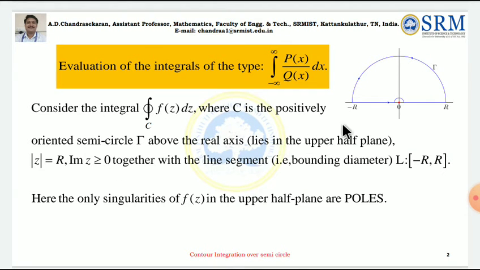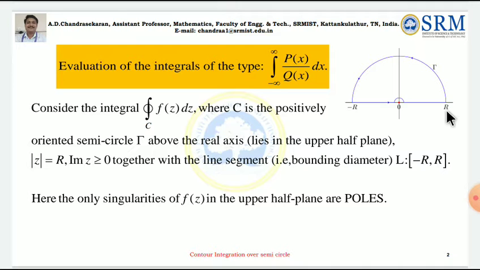So with the radius r, mod z equal to r, that means the imaginary part of z is greater than or equal to 0. What is the equation of the x-axis? Y equal to 0. Remember? What is the imaginary part of z? Y. So y is equal to 0 and greater than 0 above the real axis, that is the upper half of the plane, together with the line segment, that is the bounding diameter L, with the closed interval minus r to plus r.